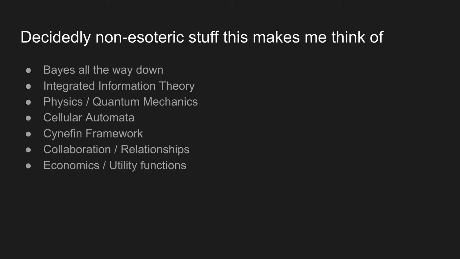Okay, so some other stuff that I'll end with here that I think is interesting and related, that is decidedly non-esoteric. So first of all is Bayes everything. This might be Bayes' theorem, Bayesian inference, the Bayesian brain, Bayesian statistics, Bayes nets, etc. This all has to do with conditional probabilities.